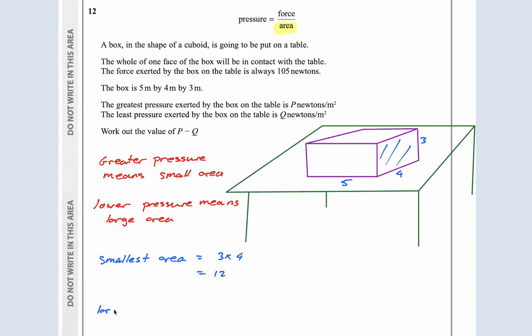The largest area would actually be this one, the 5 times 4, which is 20. So this is the smallest area, this is the largest area. So that means this is the one that has the greater pressure, and this is the one that has the smaller pressure.